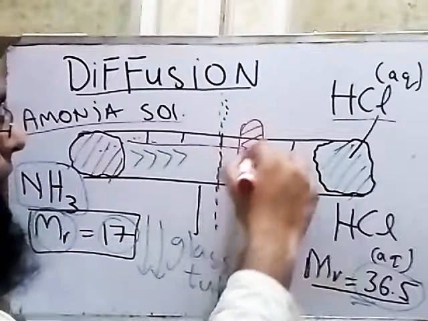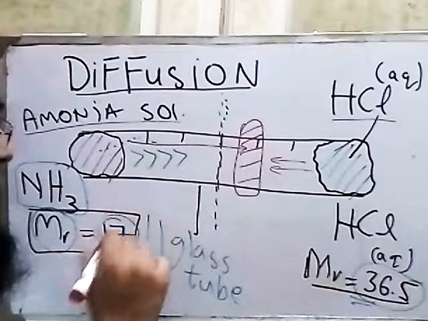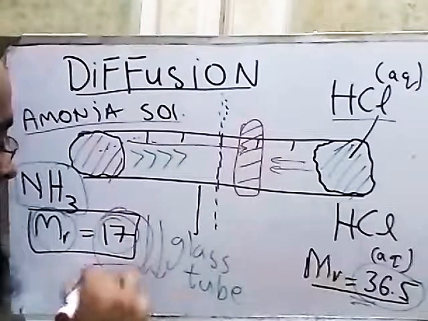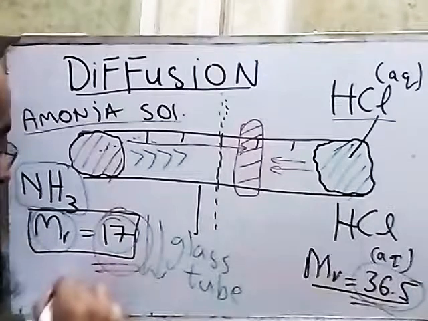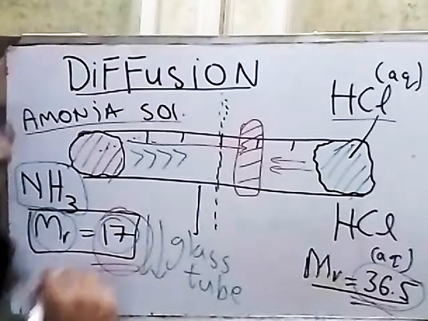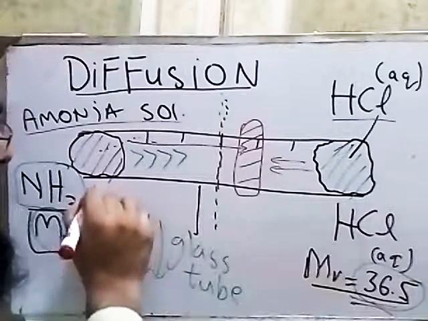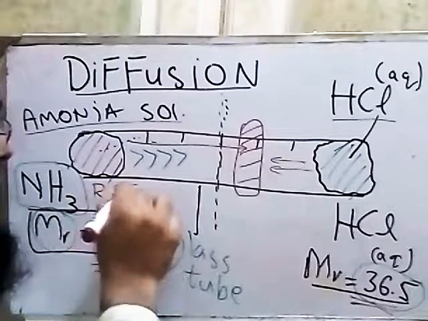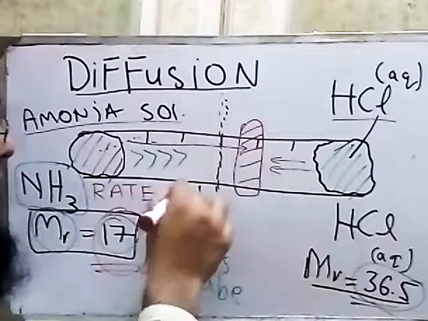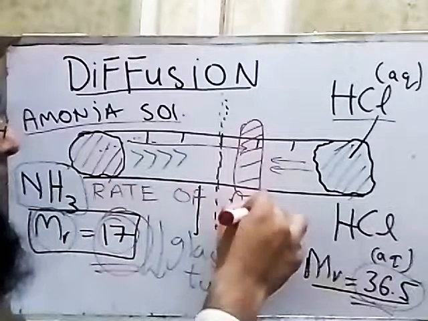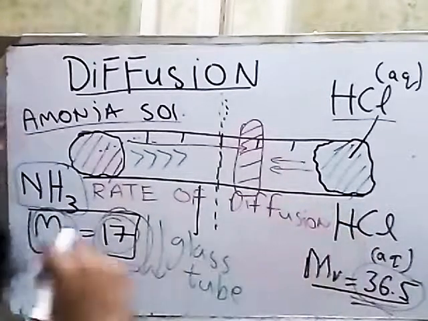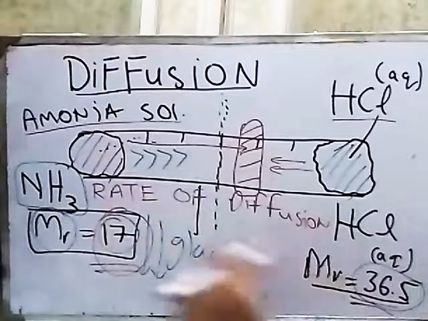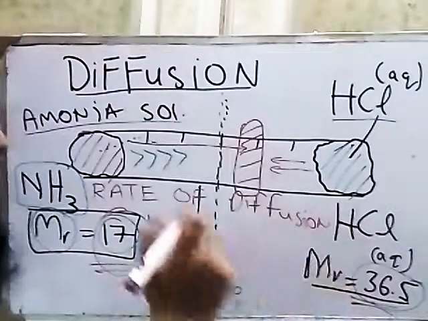Let's look at it again. This has an Mr of 17 and this has an Mr of 36.5. So the rate of diffusion of NH3 would be far greater than the rate of diffusion of HCl.